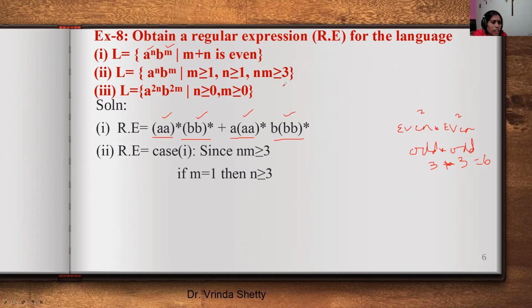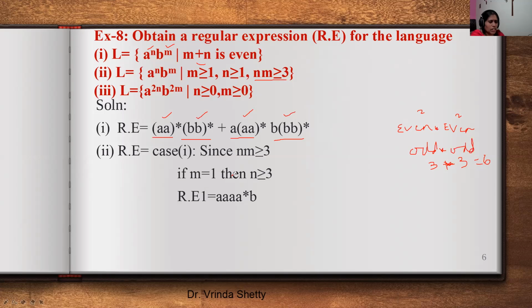First case, when m is equal to 1, then n should be greater than or equal to 3. That is 3 into 1, we'll get 3. Because what does the condition say here? nm should be greater than or equal to 3. According to that, initially I assume m is equal to 1 and n is greater than or equal to 3. Then I'll get the regular expression.